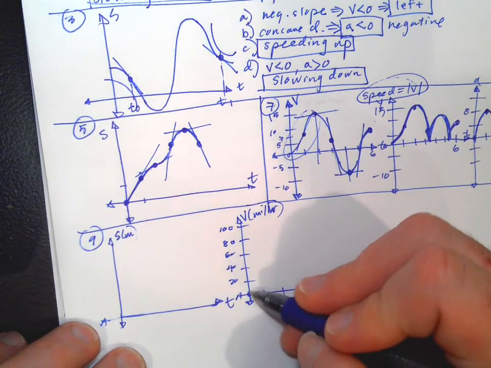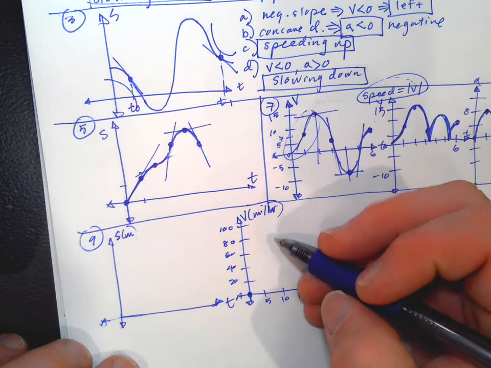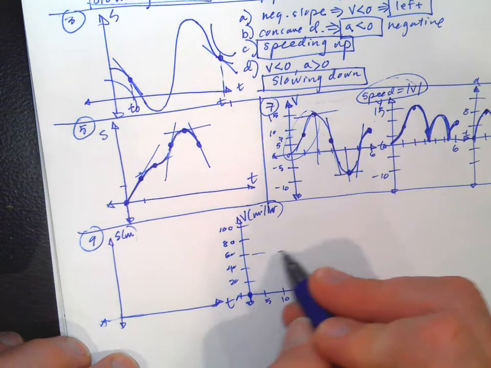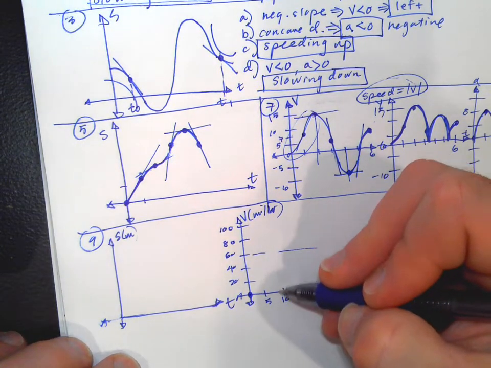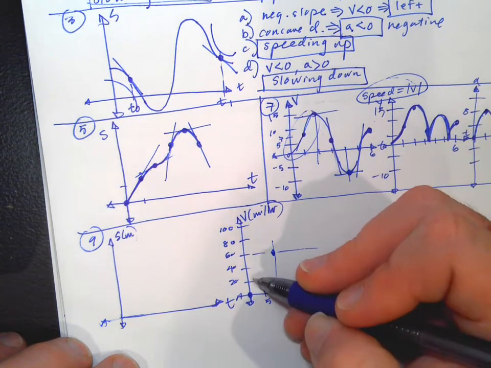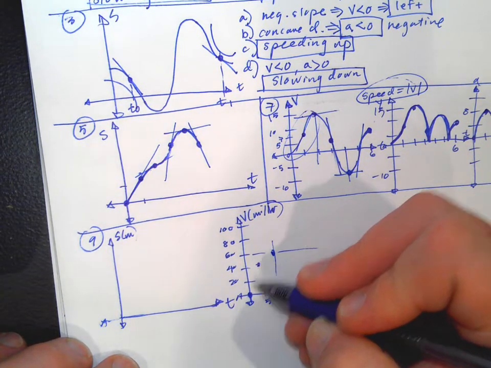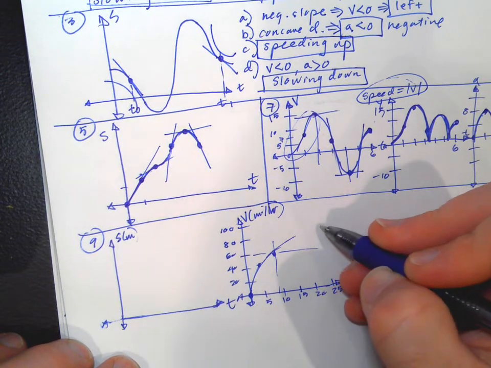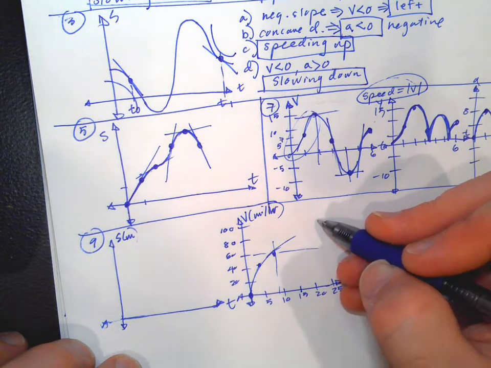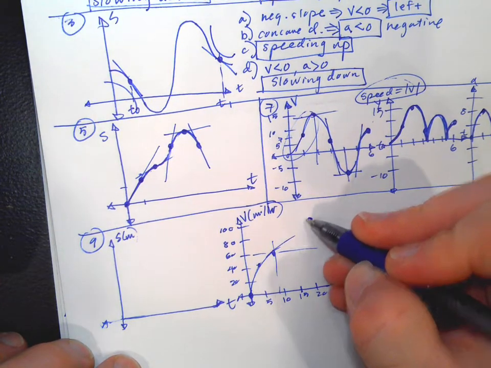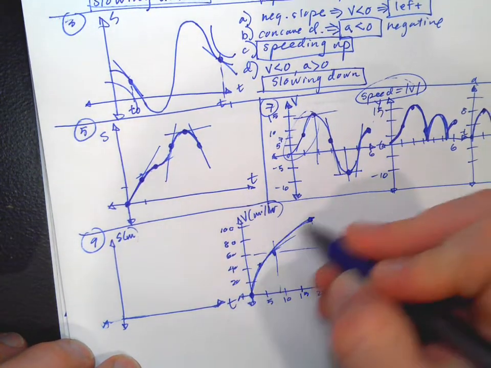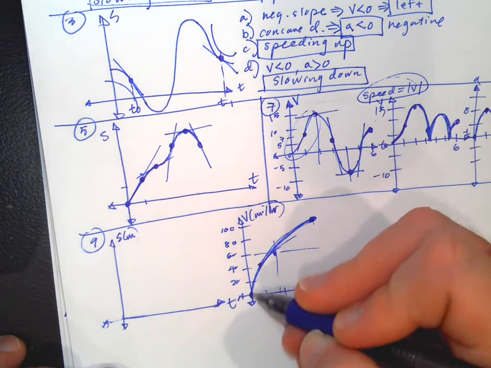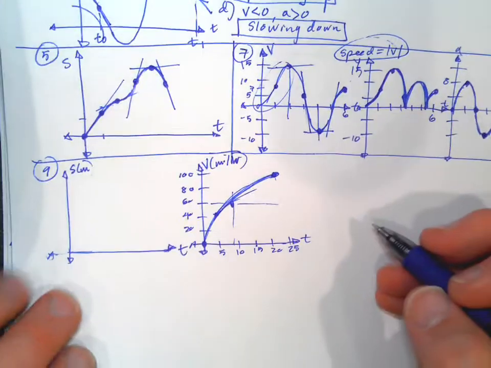In the graph, I was just trying to estimate some dots here. It's up to 100 at somewhere around here. So something like this. It's kind of what the graph looks like. If you're on graph paper, it'd probably be easier to make it look nice.